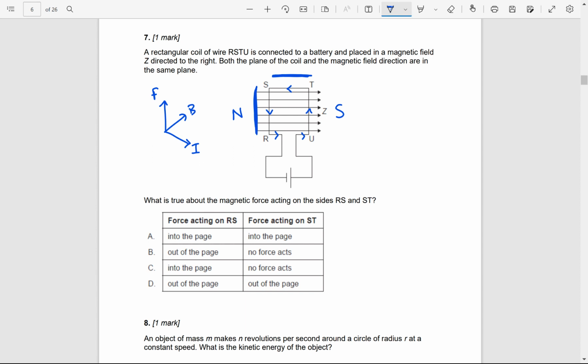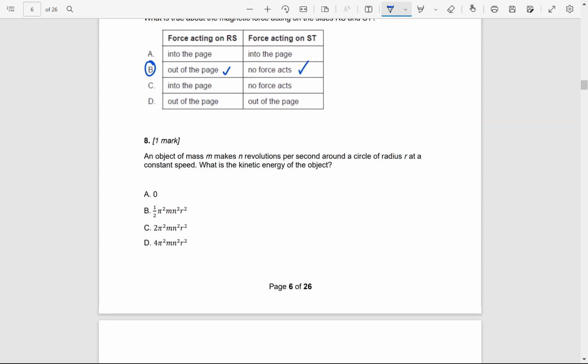And then we just need to do the left-hand rule with our left hand. If you do that, you would see that Fleming's left-hand rule for RS takes you out of the page. So this bit here is going to come up towards you. And then on ST, because this current and these field lines are parallel and not perpendicular, there is no force acting. So the answer is B.